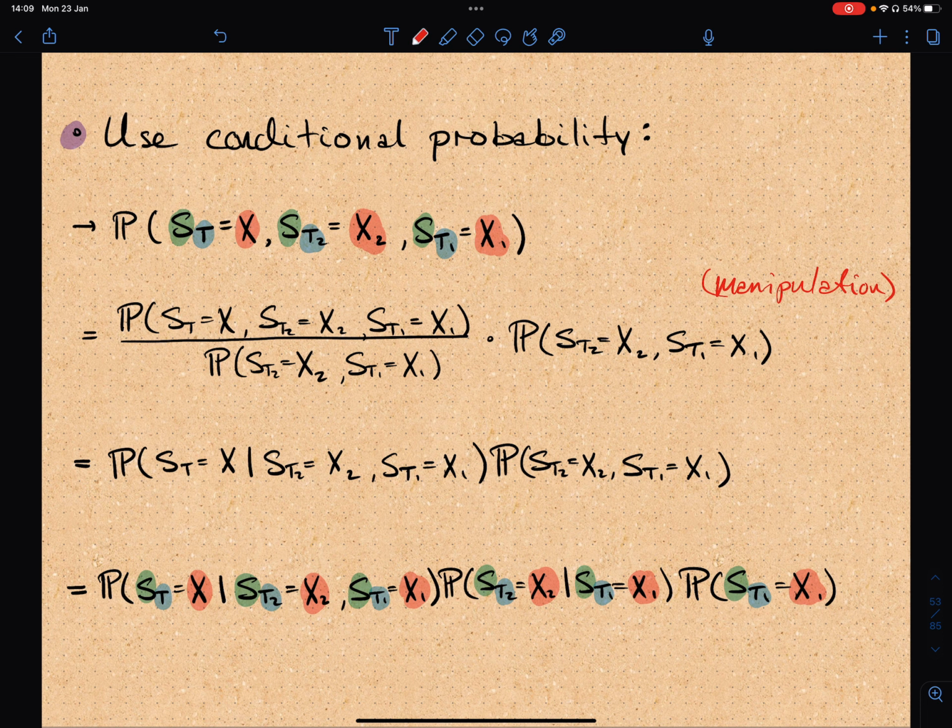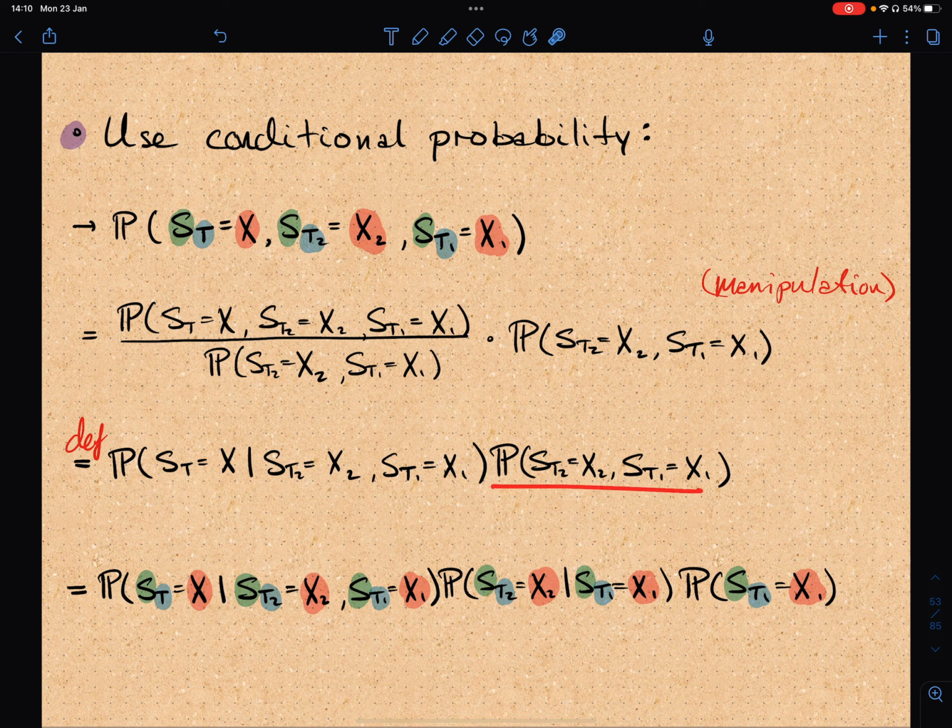And then by the definition of conditional probability, we have the conditional probability, conditioned on this event, times this probability. The idea here is to use conditional probability to compute this probability. Here we're asking about the probability that the random walk is at position x, given that it has gone through positions x2 and x1 at times t2 and t1.